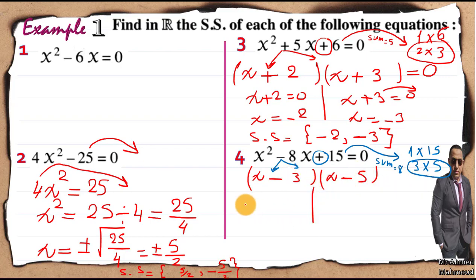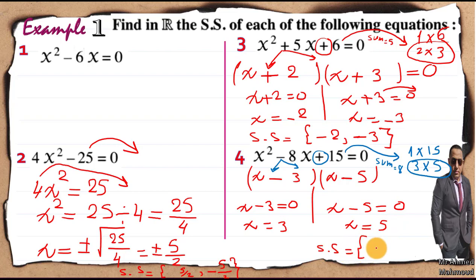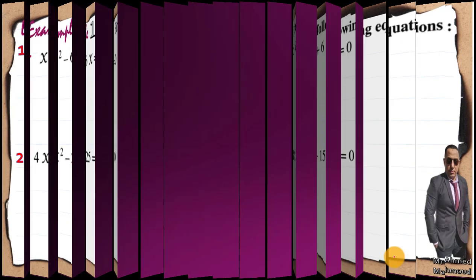So x minus 3 equals 0 and x minus 5 equals 0. Send 3 to the right side, so x equals 3, and send 5 to the right side, so x equals 5. Finally, the solution set equals {3, 5}. Okay, another one.